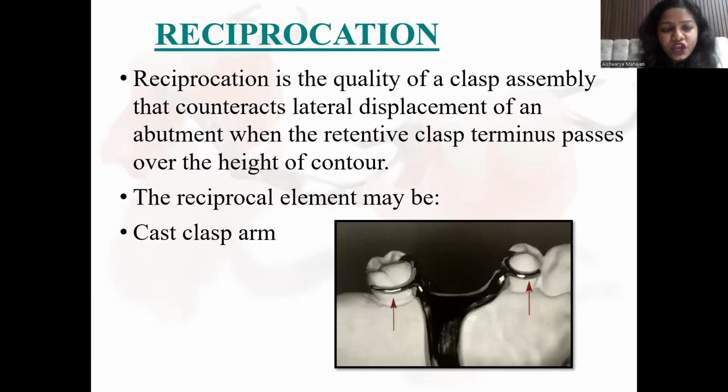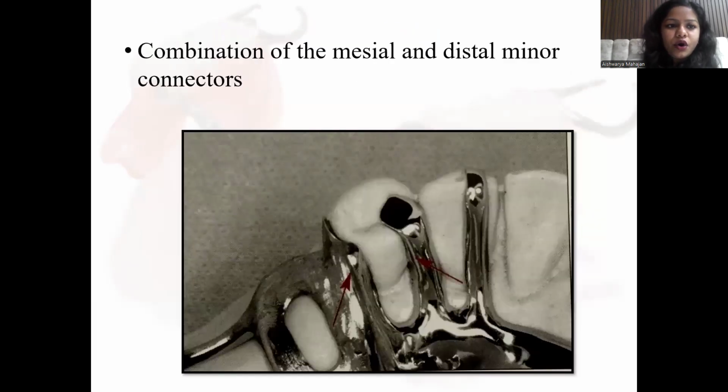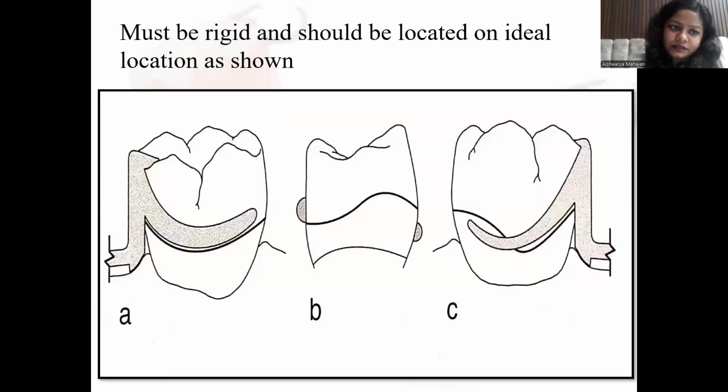Now, reciprocation is the quality of a clasp assembly that counters lateral displacement of an abutment when the retentive clasp terminal passes over the height of contour. The reciprocal element can be a clasp arm, a lingual plate, or a combination of mesial and distal minor connectors.